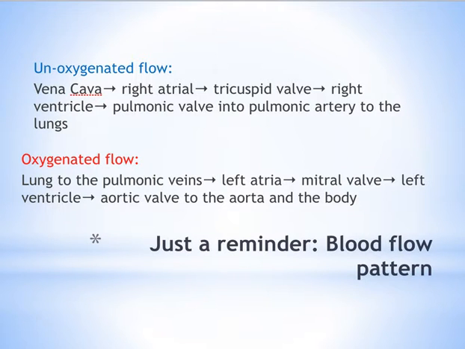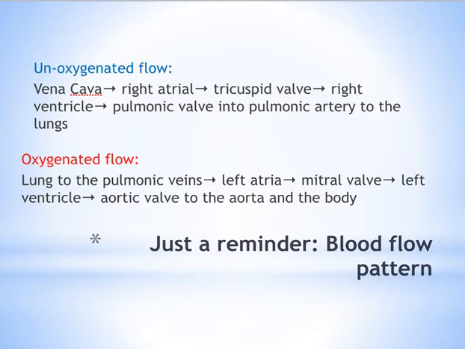Okay, and then the other side of that, as shown on the previous slide: the blue side of the heart is the side that has unoxygenated blood. The red side is the oxygenated. So just a reminder to know that blood flow pattern, because when there are right-sided pumping problems, it backs up to the body and can cause an inadequate supply to the lungs.